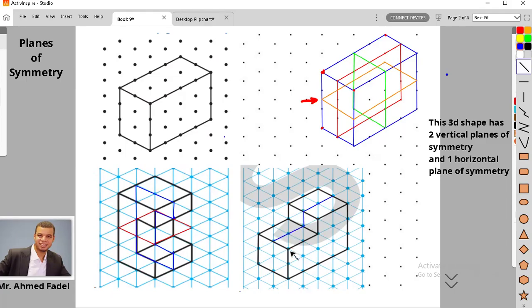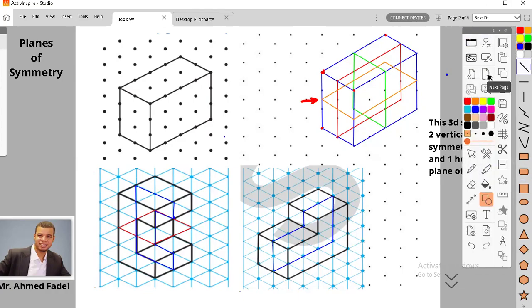After that, you went two down, then one, two, three, four, up left, two down, then one, two, three, four, up left. Then you connect it with the point where you started from. Here you go. And this is the plane of symmetry for this shape. How can I describe it? It has one vertical plane of symmetry.